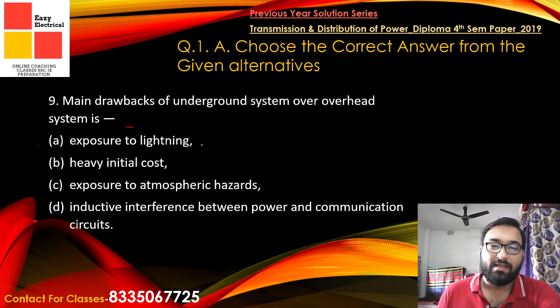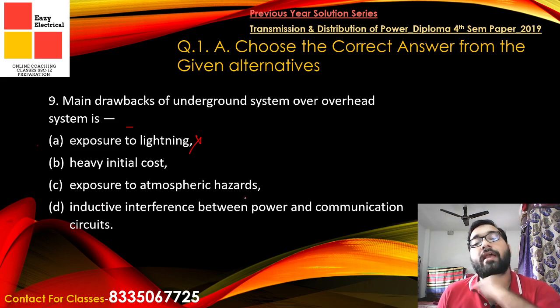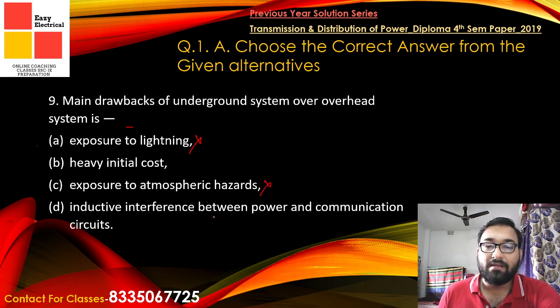Exposure to lightning is not correct. Exposure to atmospheric hazard is also not correct. Inductive interference between the power and communication circuits is also not correct, because we do not find this. So the answer is heavy initial cost. The only reason underground systems are being held back is the cost. The cost factor is basically the issue.